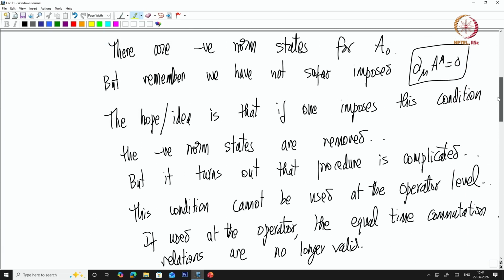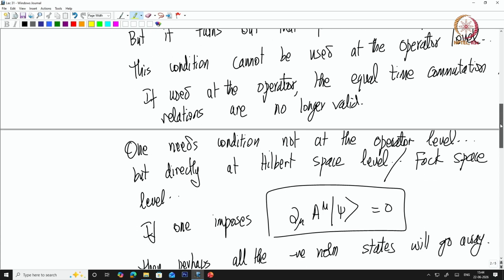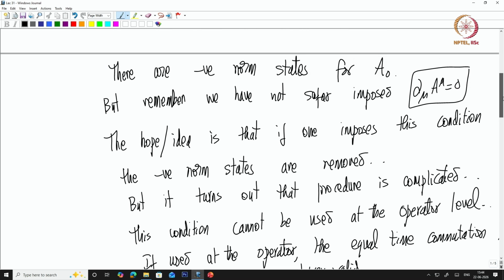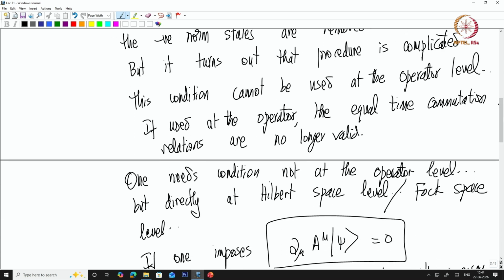We saw that if we directly work in the Lorentz gauge, there are negative norm states, and the negative norm states have to be thrown out somehow.